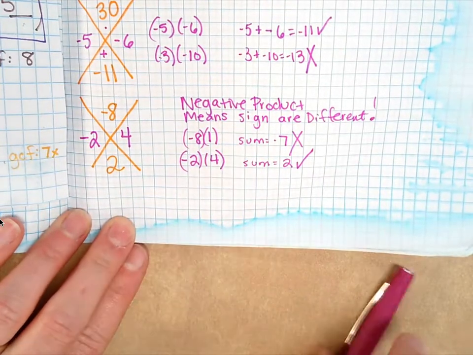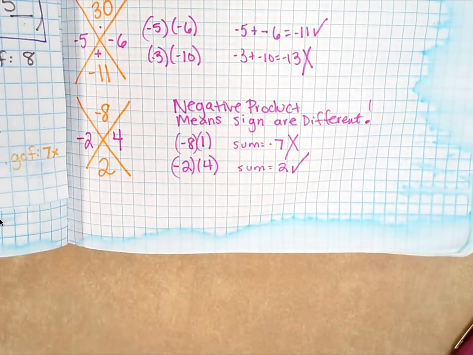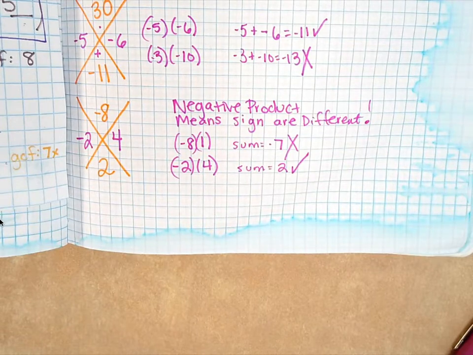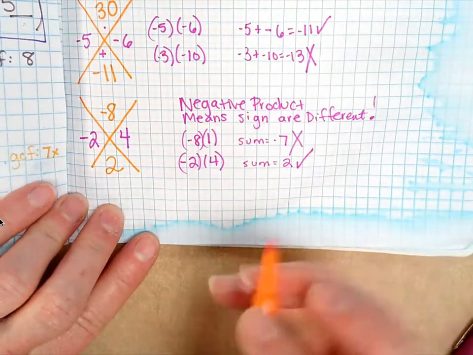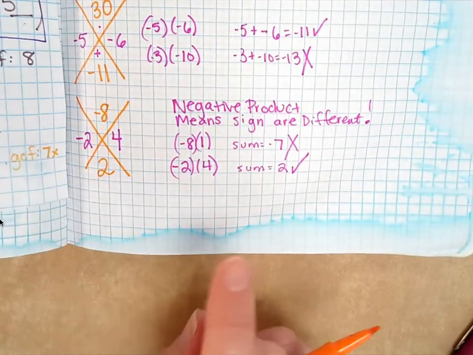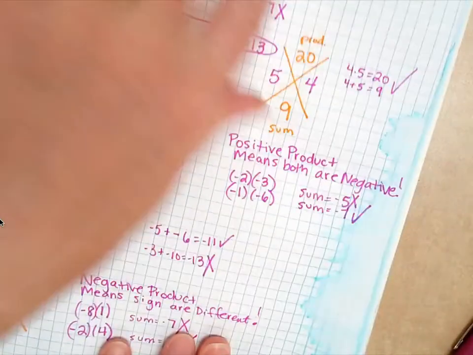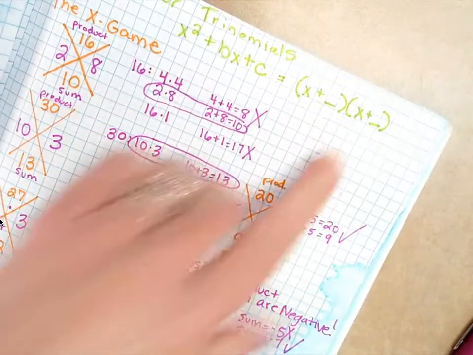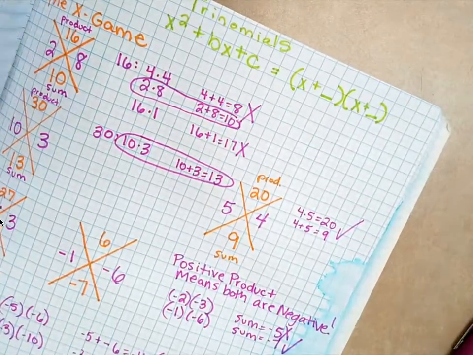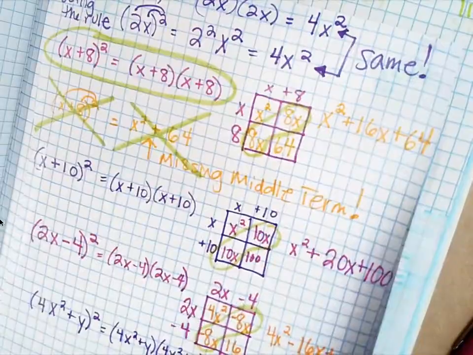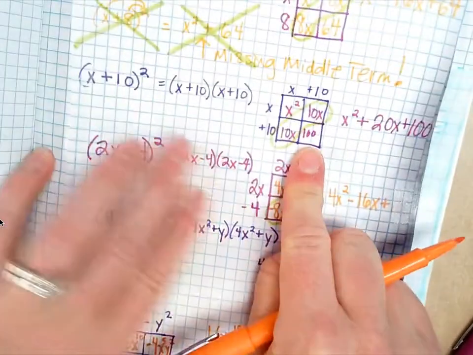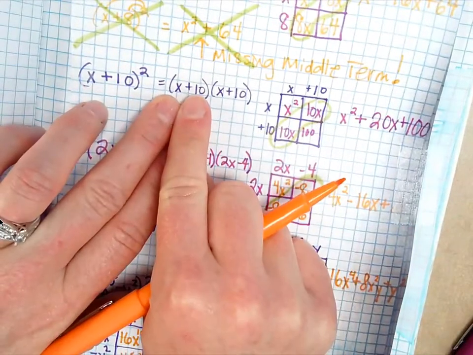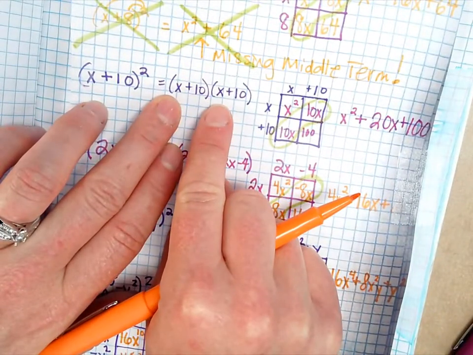All right, so how is this going to help us with factoring a trinomial? What it's going to tell us is how to set up our numbers here. And the reason is, if we look back over here, when we multiply, let's say we did this example, x plus 10 times x plus 10.